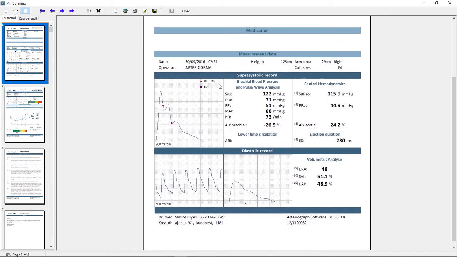In the suprasystolic record, we can see the obtained pressure curve, pulse pressure curve, the brachial blood pressure and pulse analysis, and we can see the central hemodynamic parameters. Let's start with the pulse pressure curve.